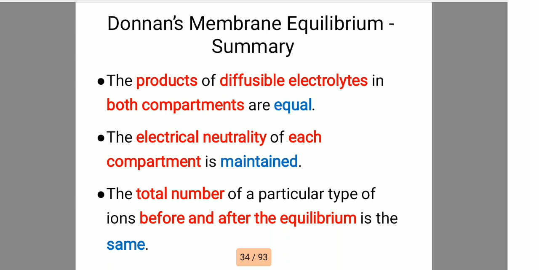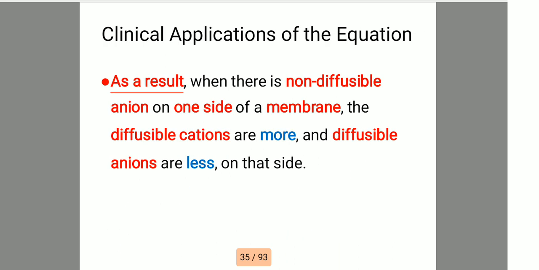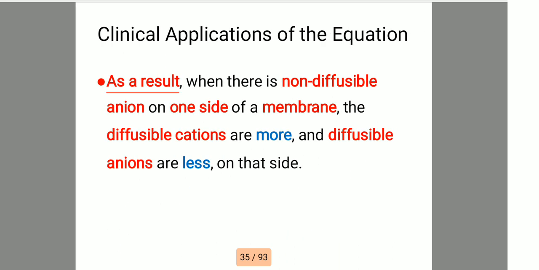The total number of particular types of ions before and after the equilibrium is the same. And 4. As a result, when there is a non-diffusible anion on one side of a membrane, then the diffusible cations are more and diffusible anions are less on that side.